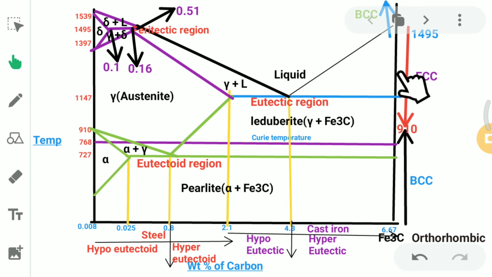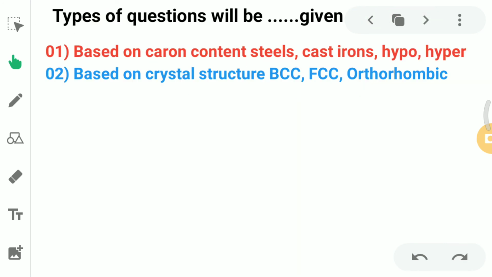From 910 to 1495, it is FCC. After 1495, it is again BCC, friends. And the important question, friends: cementite has an orthorhombic crystal structure.